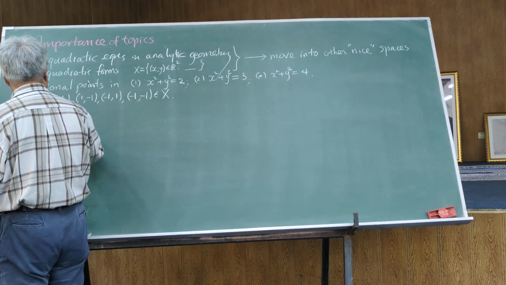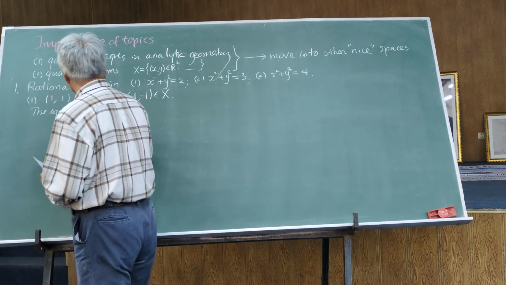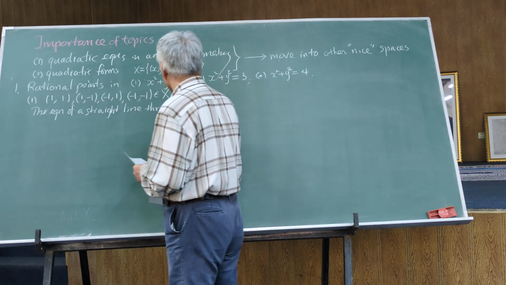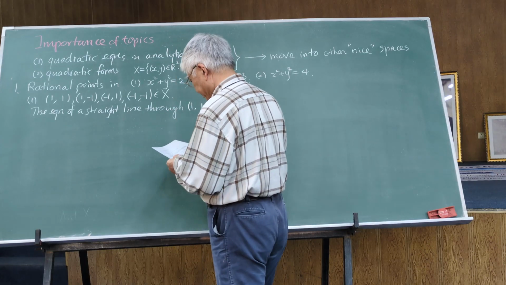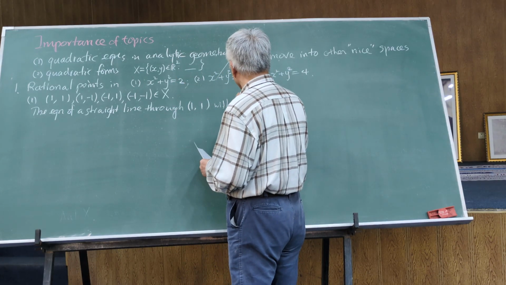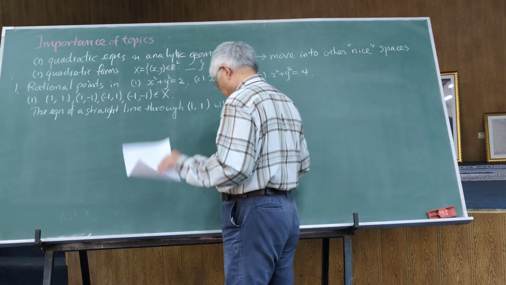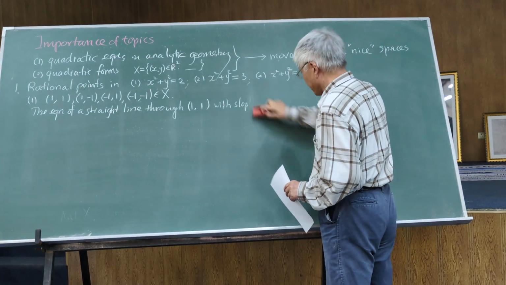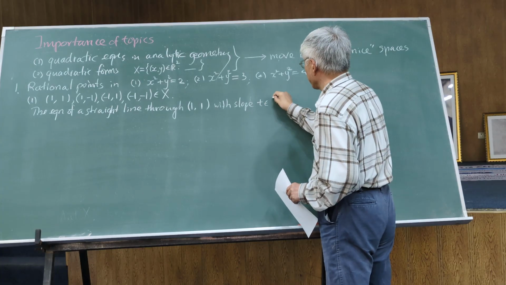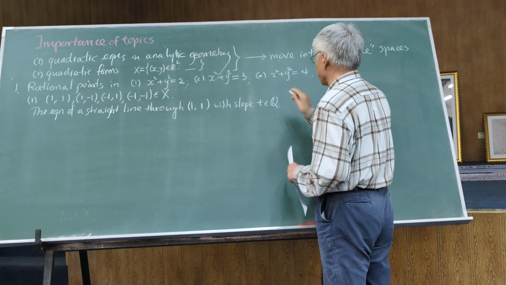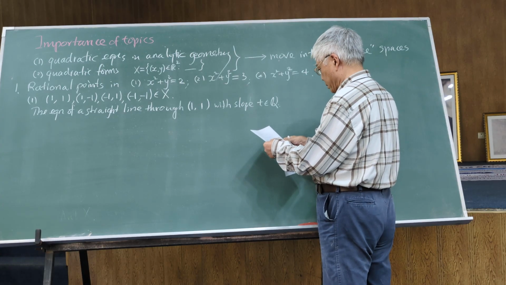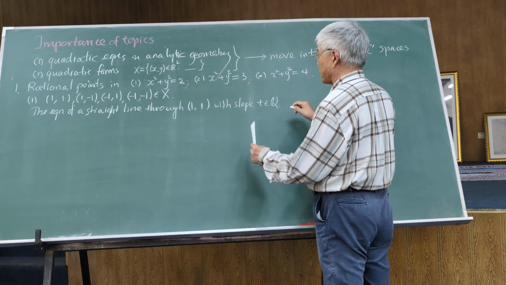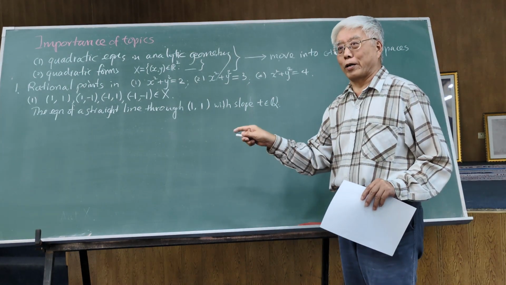The equation of a straight line through, for example, (1, 1) with slope t, and the slope is the parameter, which is a rational number, you can write it down easily. y minus 1 is equal to t times (x minus 1).